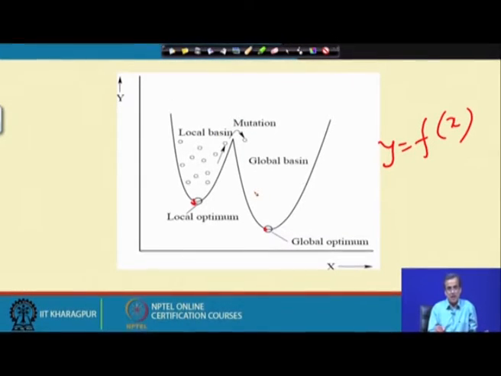It is this mutation operator which can push at least one solution from the local basin to the global basin, and if it can do that, there is a possibility that GA, through a number of iterations, is going to hit the global minimum solution. This is the way the mutation is going to help the GA to come out of the local minima problem.